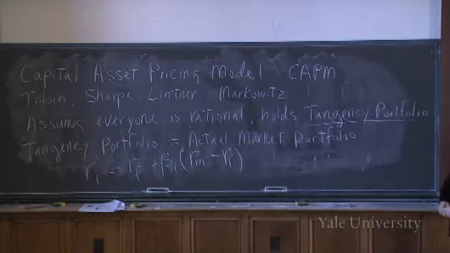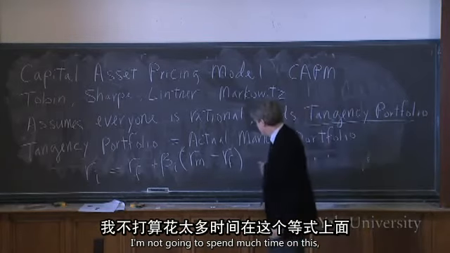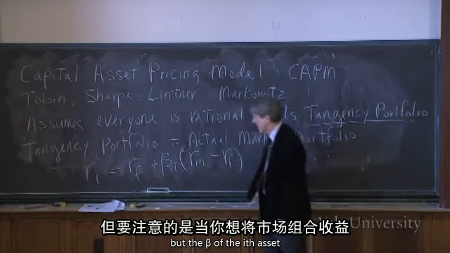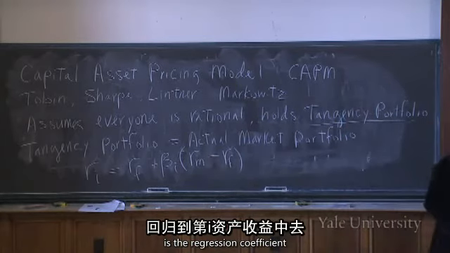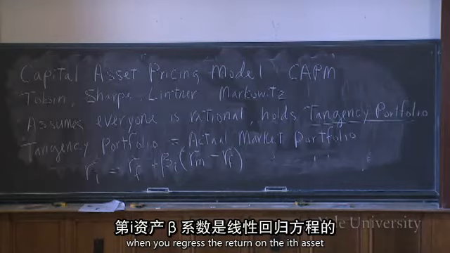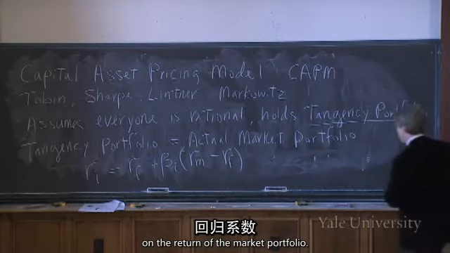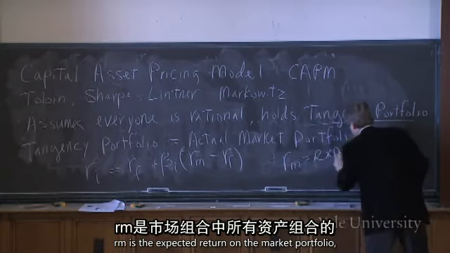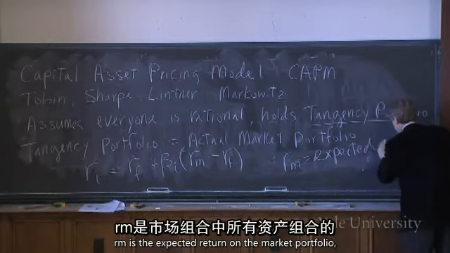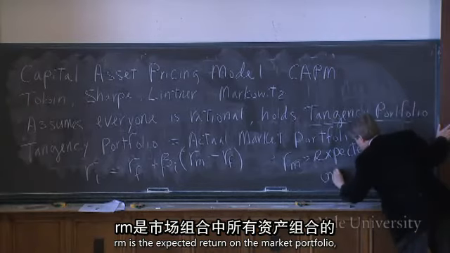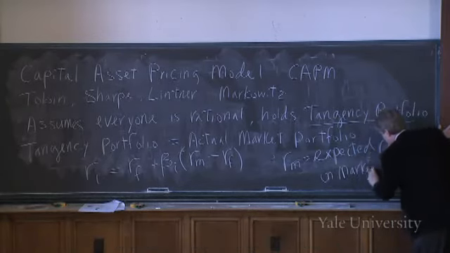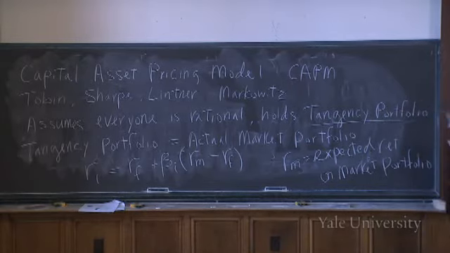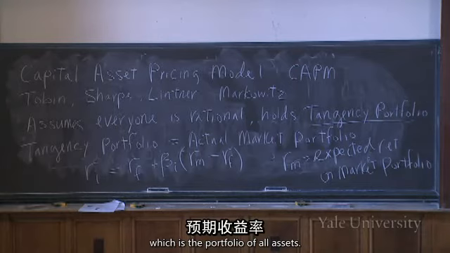Now, again, I'm not going to spend much time on this, but the beta of the ith asset is the regression coefficient when you regress the return on the ith asset on the return of the market portfolio. And R sub m is the expected return on the market portfolio, which is the portfolio of all assets.